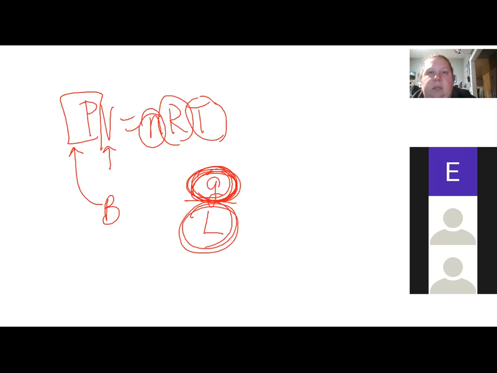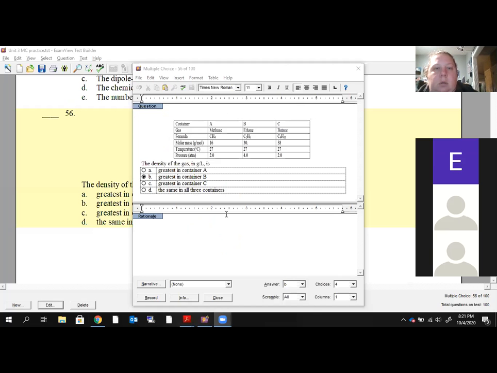So if we've got 16 grams over a liter versus 30 grams over 0.5 liters versus 58 grams over, oh, I lost my numbers now. 16, let's go easy. Let's pretend.